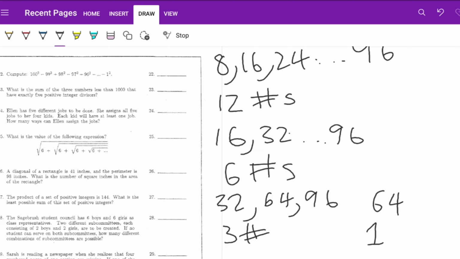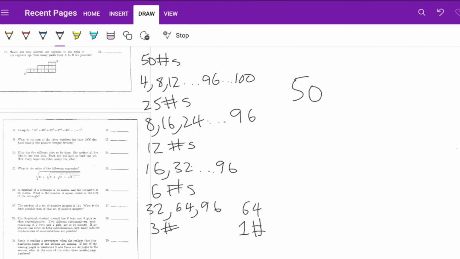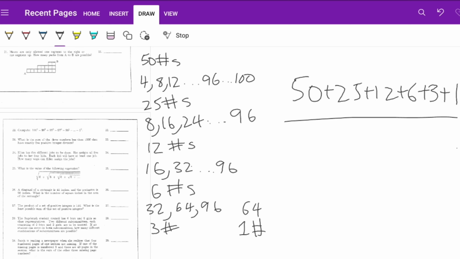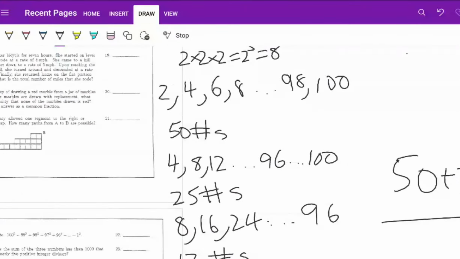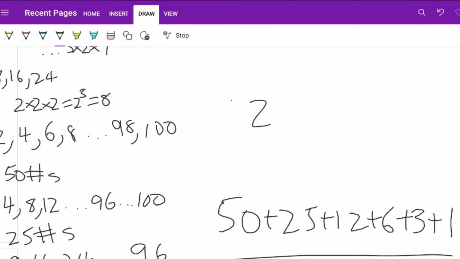So that's one number, and then we can add all these up. So 50 plus 25 plus 12 plus 6 plus 3 plus 1. And then our result is 97. So 2 to the 97th power evenly divides into 100 factorial.